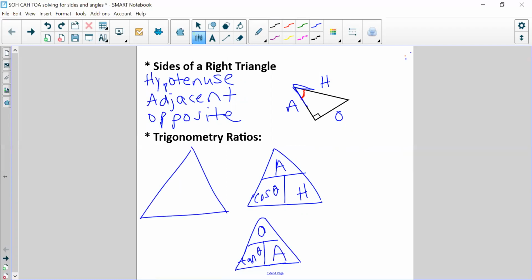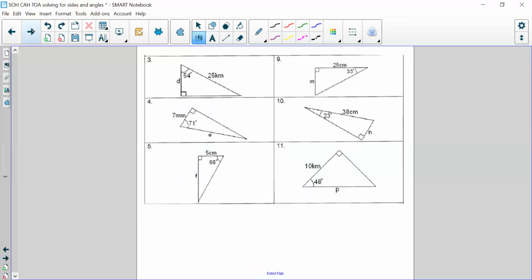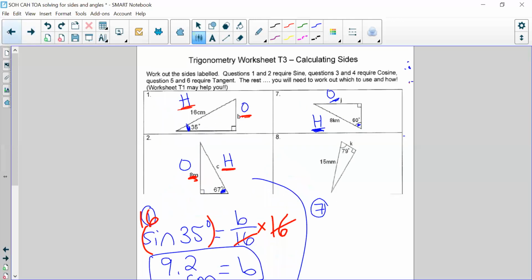So sine theta is here, opposite's here, hypotenuse. Since I'm solving for my O, I'm going to multiply sine theta times h. So let me just rearrange this one. My opposite side length, which in this case is j, is going to equal sine theta, so sine of 60, times my hypotenuse, which is 8.